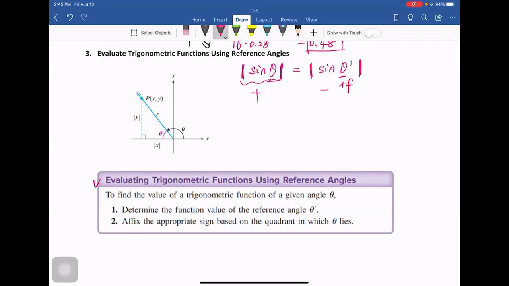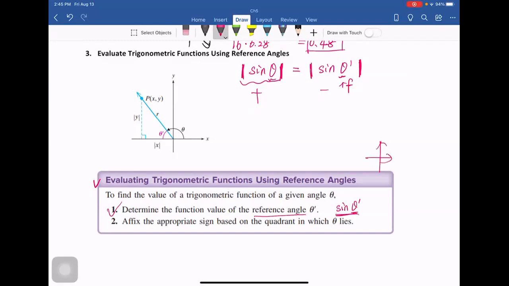To find the value of trig functions of a given angle theta, determine the function value of the reference angle. That means we find what is sine theta prime, because theta prime is always an acute angle.